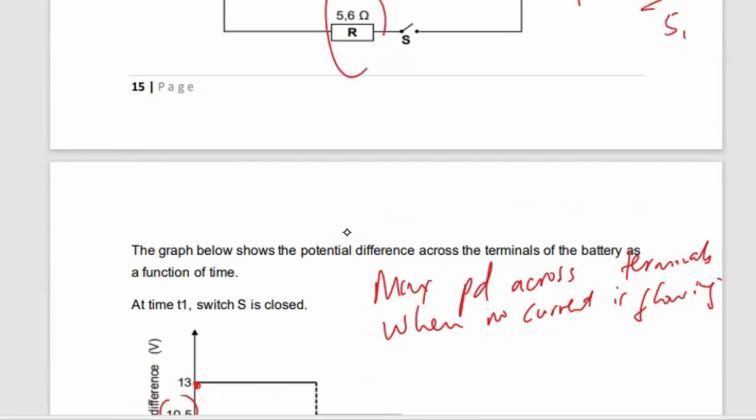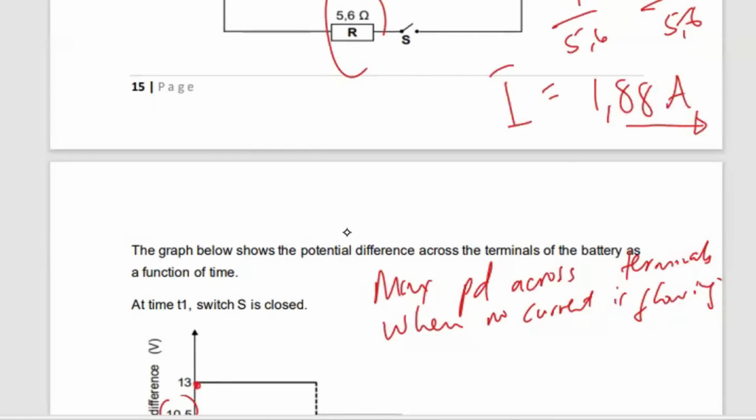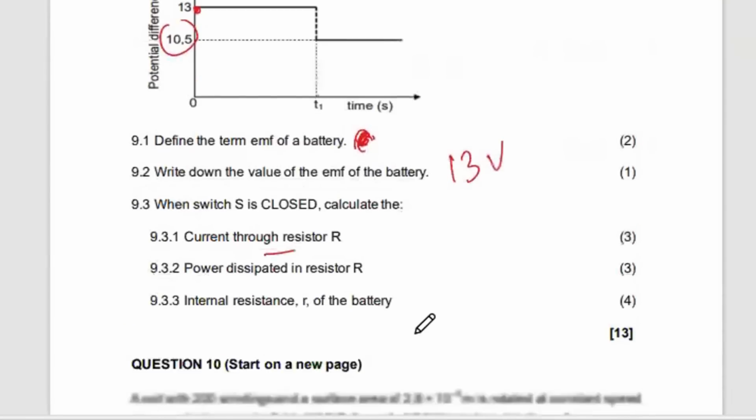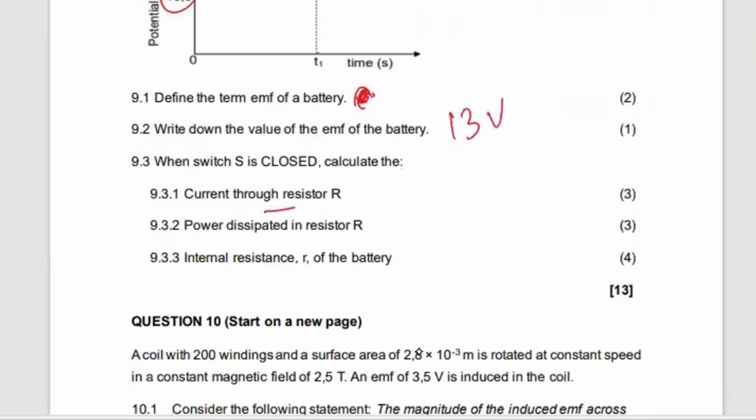Divide both sides by 5,6 over 5,6, which means that our current is 1,88 amps. Then they want the power dissipated. For power, you can use the IV formula, or I squared R, or V over R, whichever one.